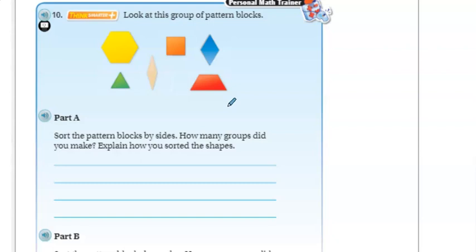That's all I can think of, the 3 groups. The hexagon all by itself, the triangle all by itself, and then the quadrilaterals all by themselves.